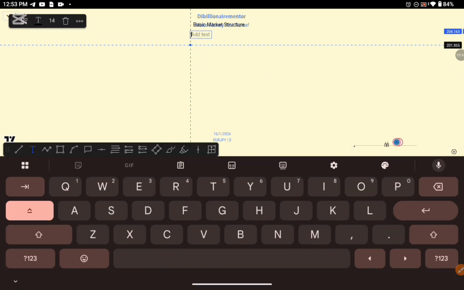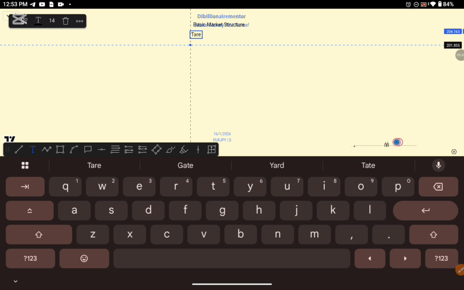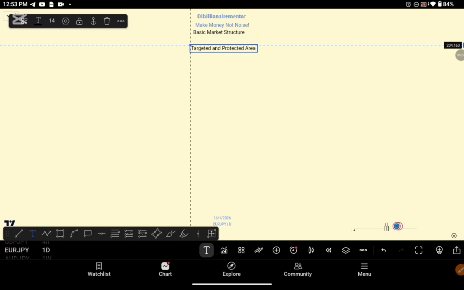You have the targeted and the protected area. Do you understand?